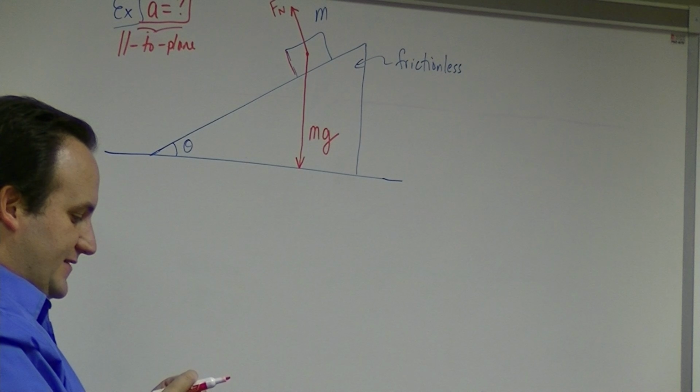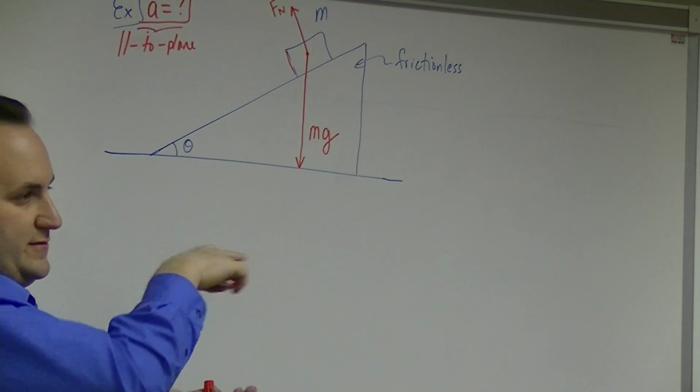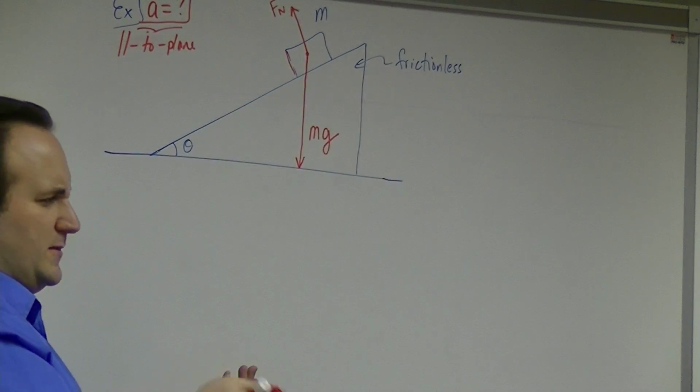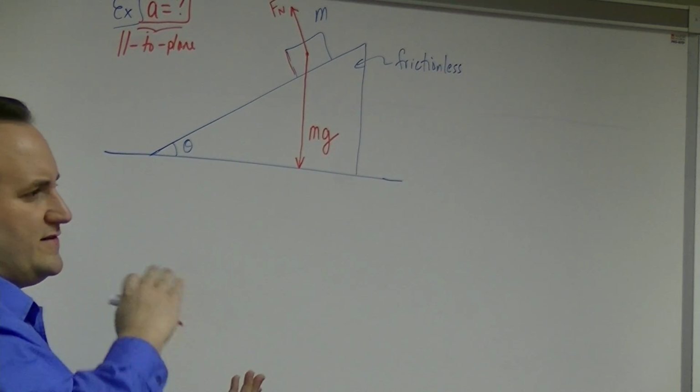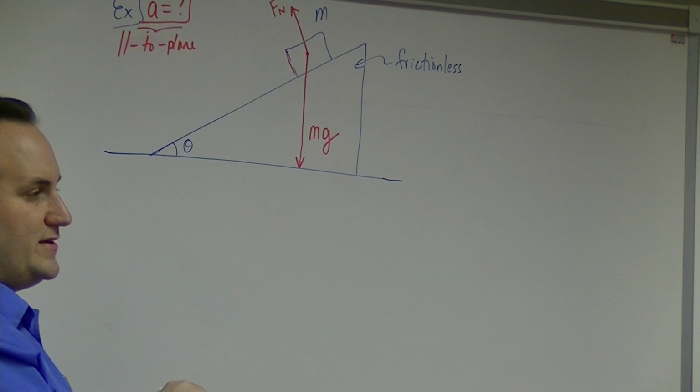Now, you've got two options. You could try to analyze this in the XY coordinate system, horizontal and vertical, but that's not very natural. Really you want to break things into the parallel and perpendicular directions. Other people, when they teach this, will call the X direction the parallel to the plane and the Y the perpendicular to the plane. I don't do that. I just call them parallel and perpendicular.